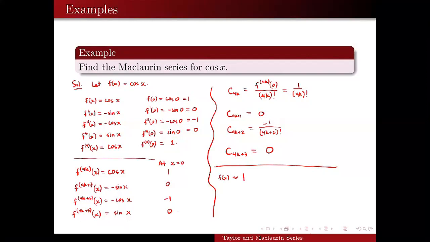On the second derivative, that's when k equals 0 at this part here, we have negative 1 there. That's why we have minus 1 over 2 factorial x squared. On the third derivative, that's 0 in here. On the fourth derivative, we have 1 again. So plus 1 over 4 factorial x to the 4.